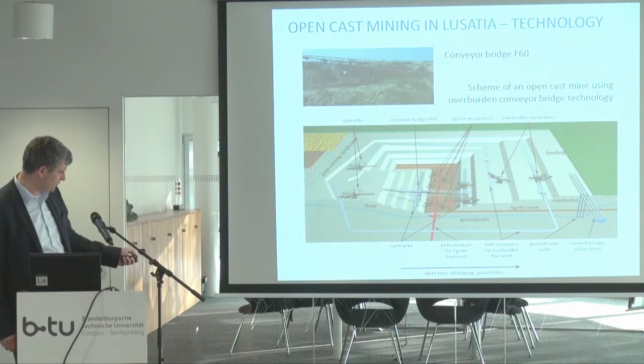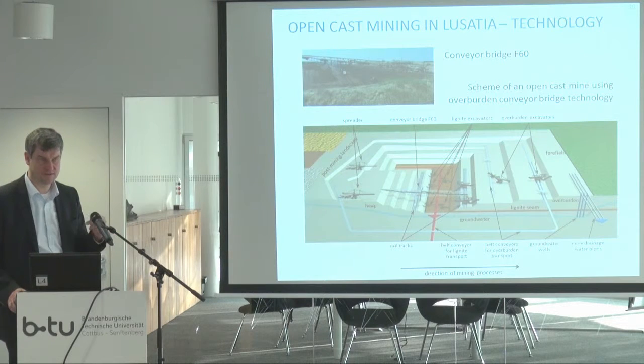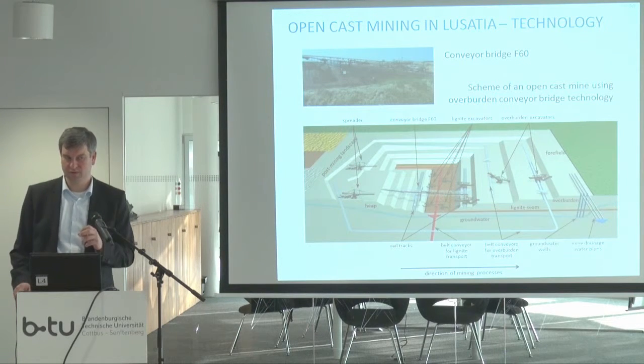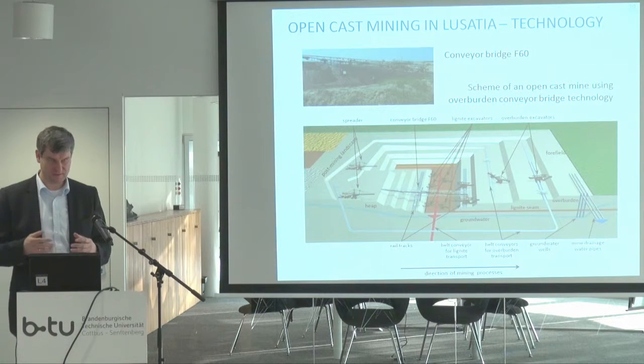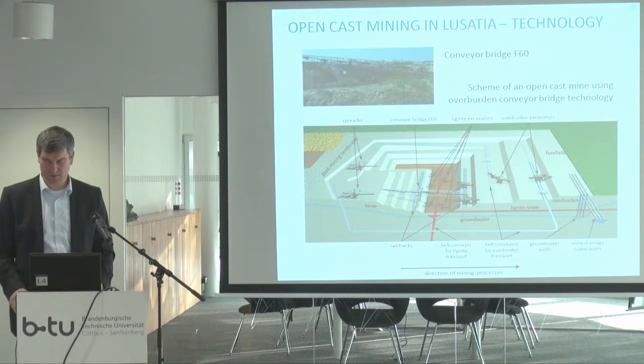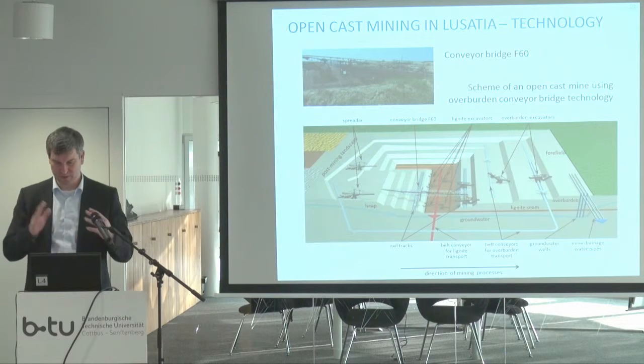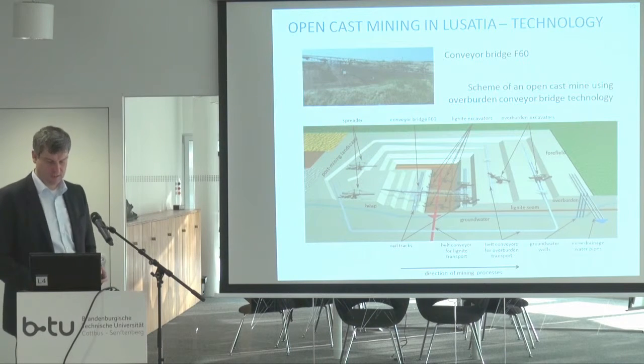And then by that process, the lignite is opened and the excavators transport it to the power plant, which is nearby. And this is an important point also from the economic view. 50% of the lignite is water. So economically, it does not make sense to transport the lignite over far distances. So the power plant always has to be close to the mine.